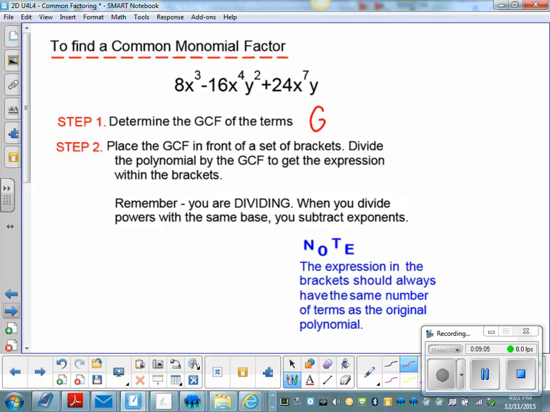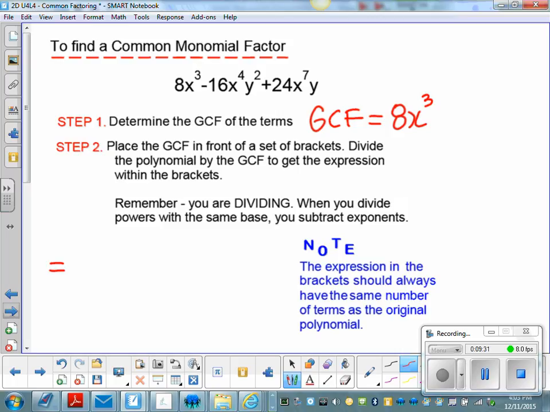So if I'm doing the greatest common factor here, 8 is the biggest number that divides evenly into all three coefficients. X is common to all three terms. The smallest exponent on x is 3. And there's no other variable that's common to all three. So 8x cubed is what I'm going to put there.